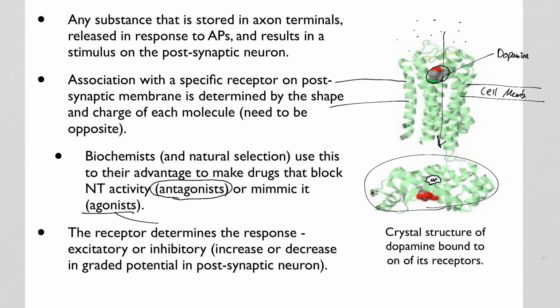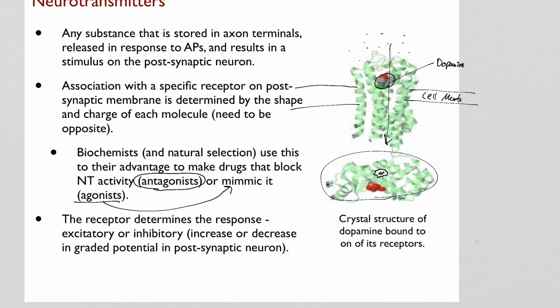If you had a drug that was an agonist to dopamine, that drug would be able to bind this receptor and open the channel in the exact same way that dopamine does. If it was an antagonist, you could imagine it binding the channel but not actually opening it, and preventing real dopamine from getting the job done.